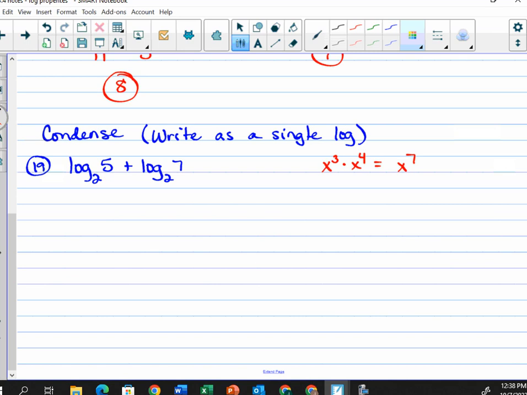So I can turn this into a single log base 2 of 5 times 7, or log base 2 of 35. So when you see addition between two logs, that means multiplication.